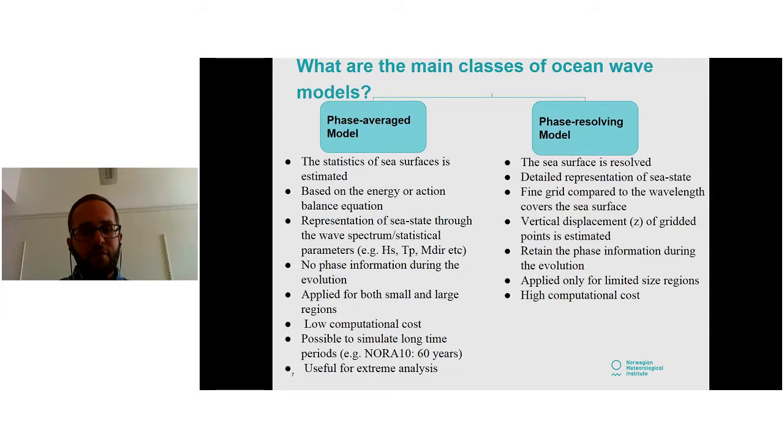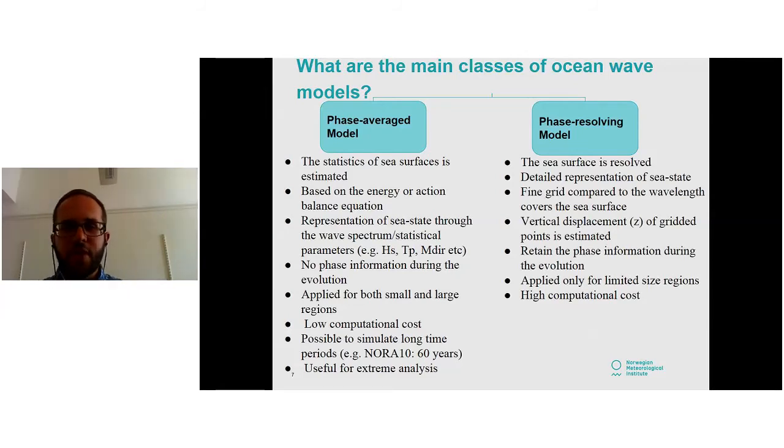We don't have phase information during the evolution, but on the other hand, they can be applied for both small and large regions. They have quite low computational cost, so it's possible to simulate long time periods. For example, one hindcast, the NORA10, is around 60 years of simulation. And for this reason, it can be very useful for extreme analysis.